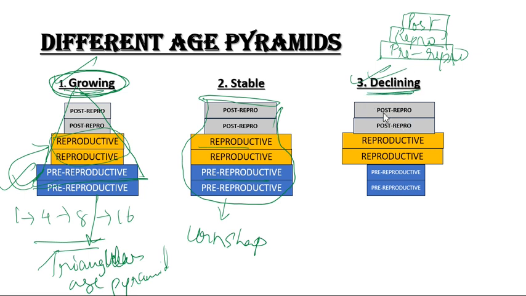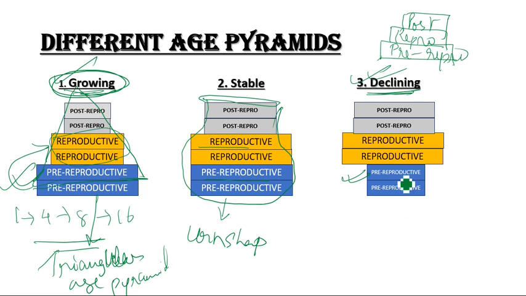Declining means that population which has the fear of destruction in the near future. Why? Because in this kind of declining population, the pre-reproductive age group individuals are much lower in number.